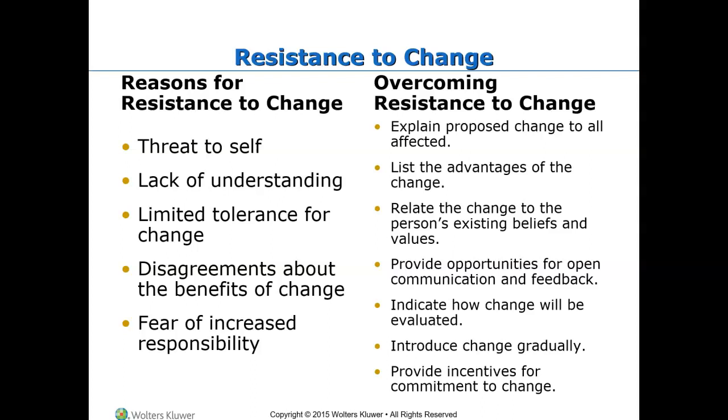So active resistance can take the form of aggressive actions or outright refusals to comply, written negative emails that attack and destroy the idea or the person who suggested it, quoting existing rules that make the change difficult or impossible to implement, or organizing resistance to the change. So encouraging other people to formally send emails or bring it up in briefing, whatever.